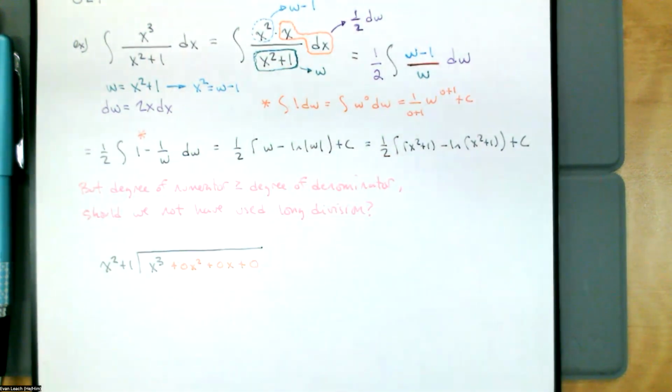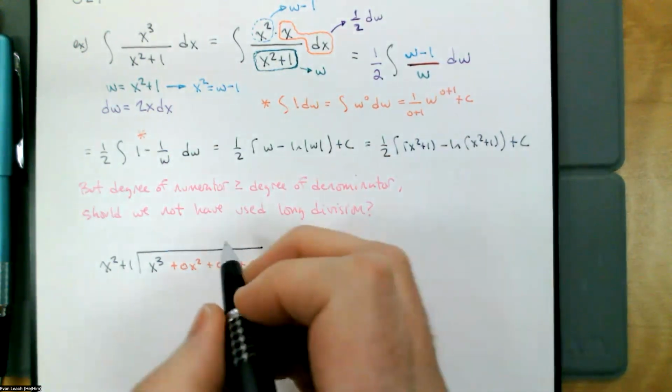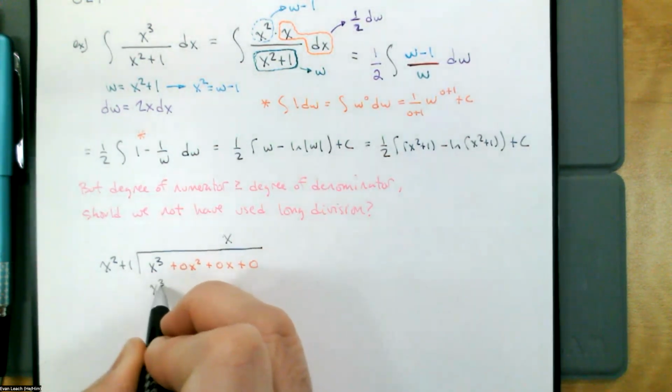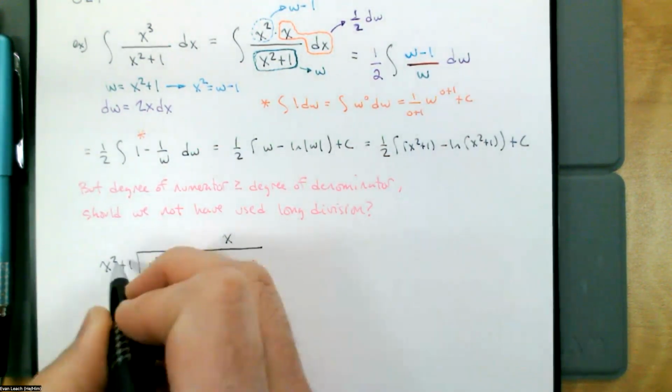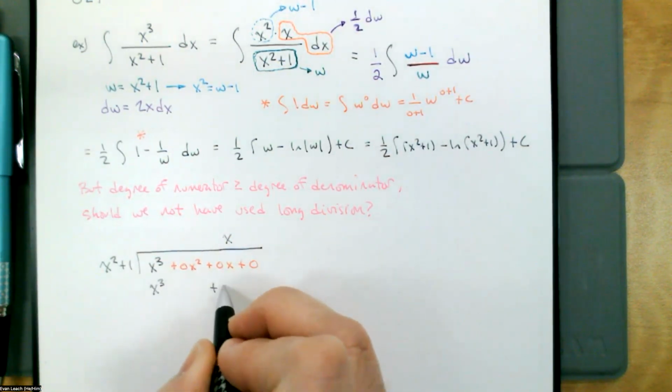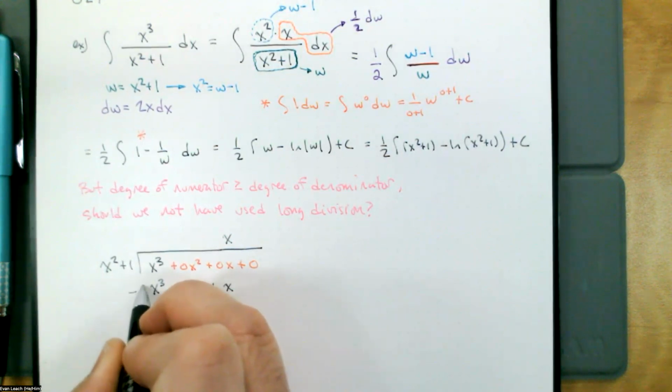So let's take 1,000 divided by 101. In this case, how many times can we subtract x squared from x cubed? We can do that x times, because I have to multiply x squared times x to get x cubed and allow us to subtract. But I have to subtract this whole thing. X plus 1 is plus x. And so we subtract.